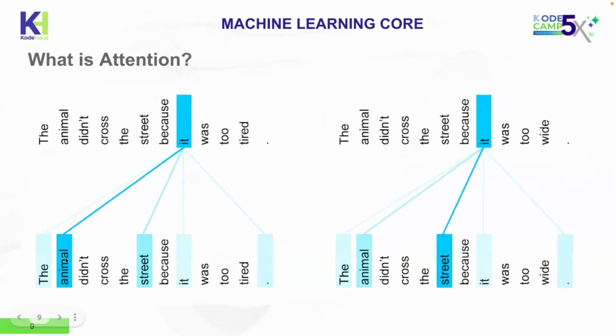Deeper blue means animal is more important, then street is not so important, and so on. But in this other context, where we changed it from too tired to too wide, the street now had the highest relevance, followed by the animal, and so on.